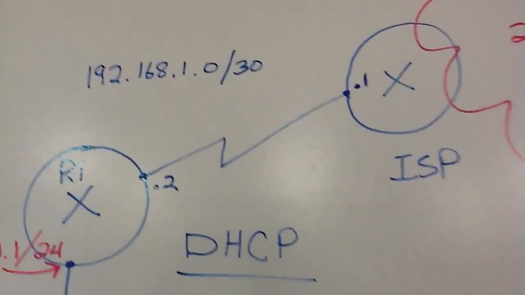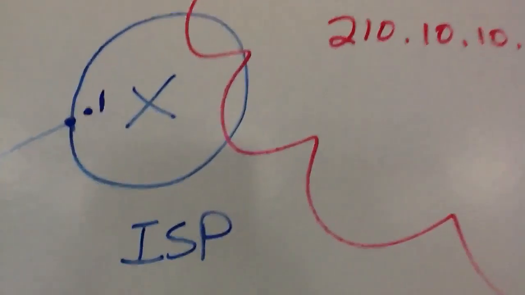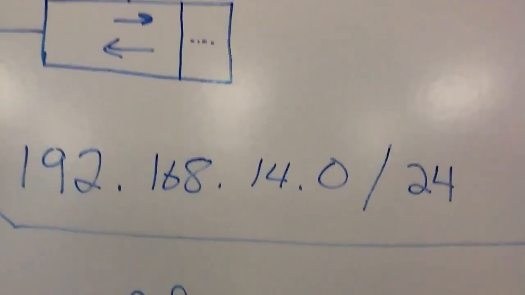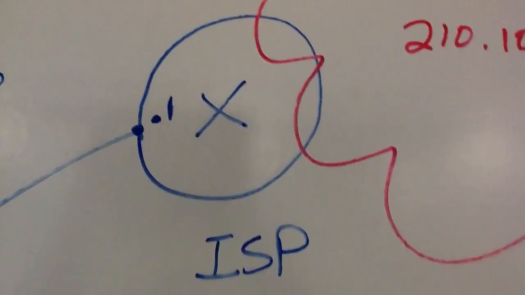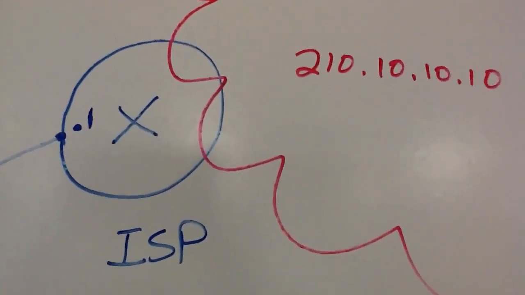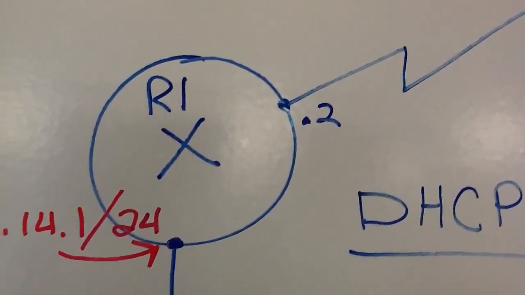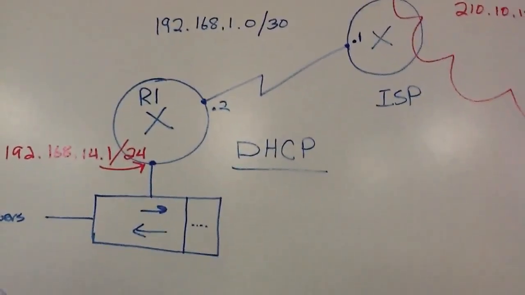And they figured out quickly the pings were getting up there, but the ISP had no idea of where to send them back to. It did not know where this 14 network was. So we put in the ISP a static route pointing back at the network. So it's a static route pointed down here, so then the students could ping the ISP.